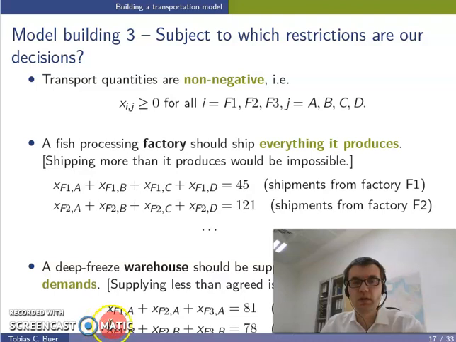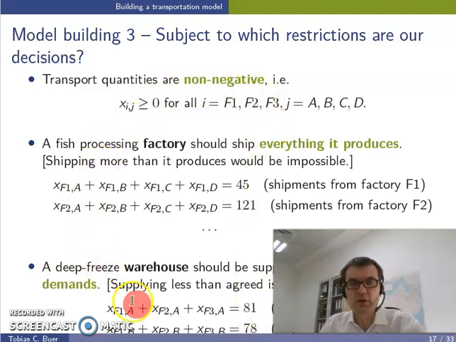Accordingly, we model the same for the shipments into warehouse B, and we model it for the shipments into warehouse C, and we also model it for the shipments into warehouse number D.